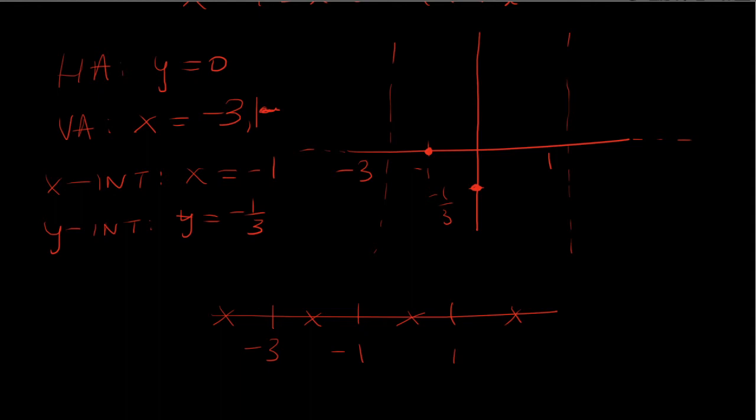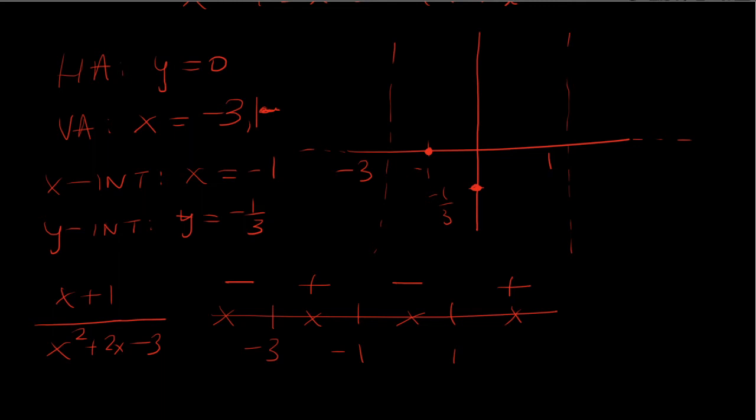Plug it back into your original equation. So you do end up getting a negative number. If we pick a number between negative 3 and negative 1, we get a positive number. Pick a number between negative 1 and 1, say 0. That's negative because we said it's negative 1/3. And we pick a number to the right of 1, we get a positive number.